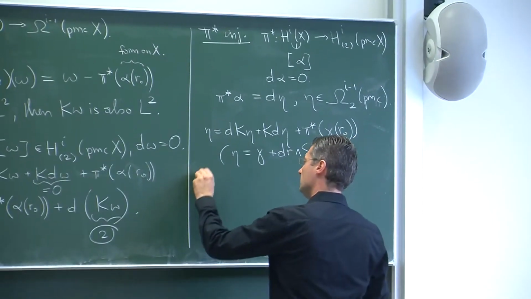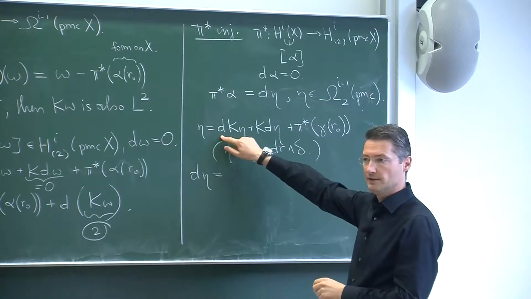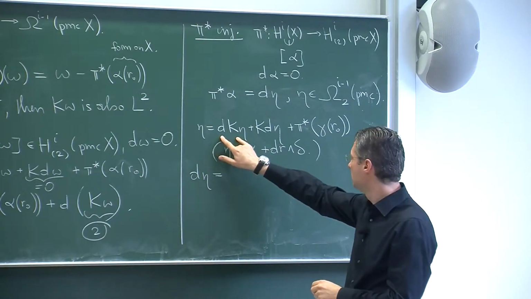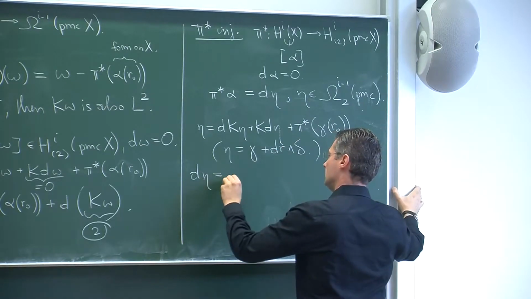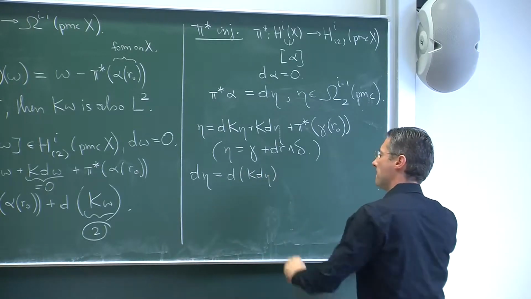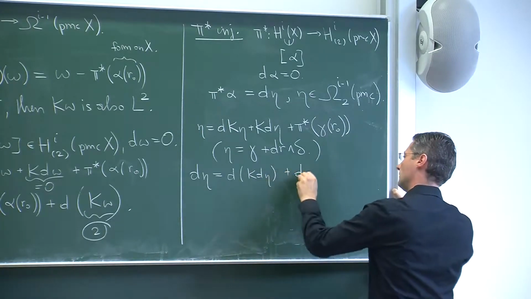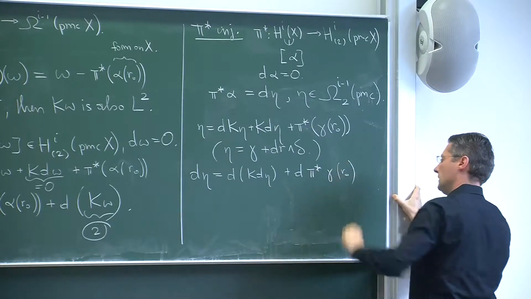So d of eta, well, d squared is 0, so this term goes away. So I have this, plus d of pi star gamma R naught.